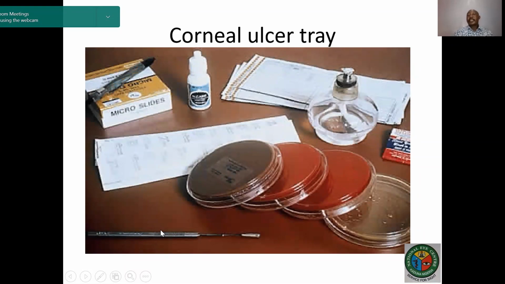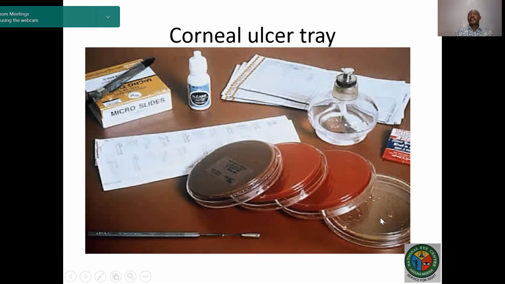But in some centers where this is scarce, the use of a 27 gauge needle has been known to suffice in that regard. These are chocolate agar, blood agar, and then the nutrient agar.